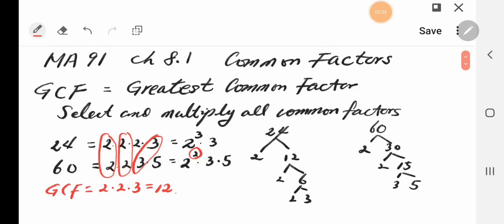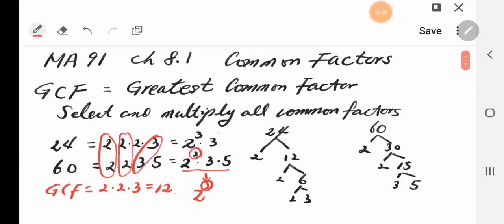When we have an exponential form, the greatest common factor will be the product of the same base, so we get 2 squared. The smallest exponent shows the number of common factors that occurred.